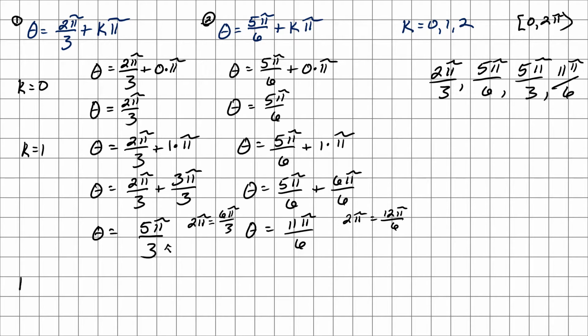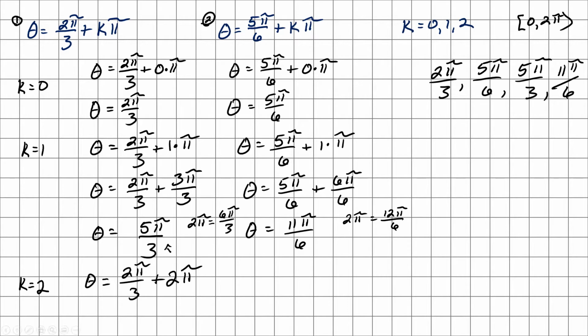Now, let's try k equals 2 and see if that works. So theta will be equal to 2 pi over 3 plus 2 pi. Well, that right there shows me that it's not going to work, because if I add anything to 2 pi, it's going to be greater than 2 pi.